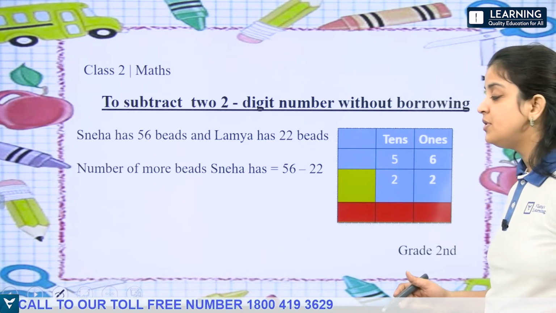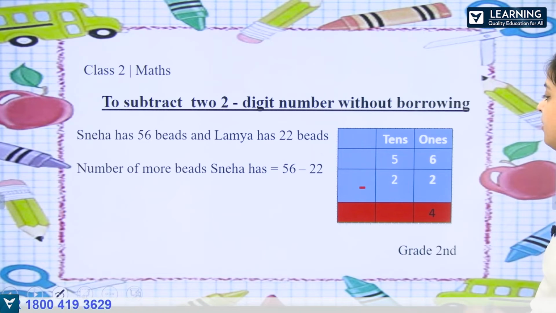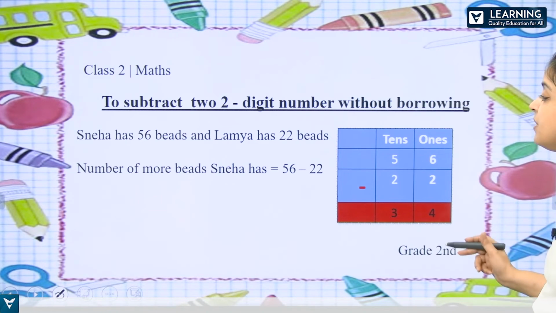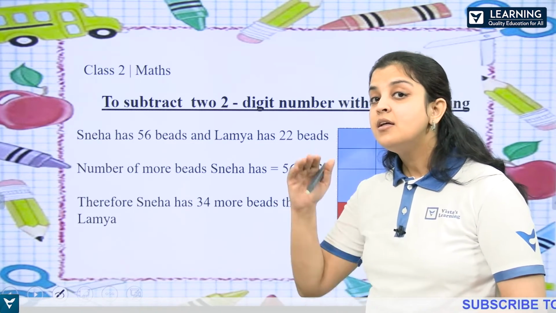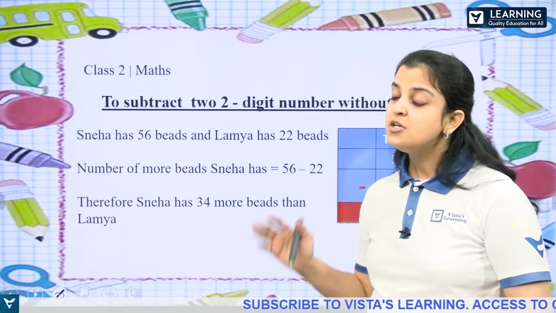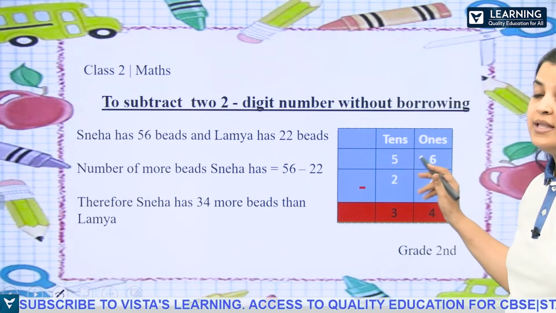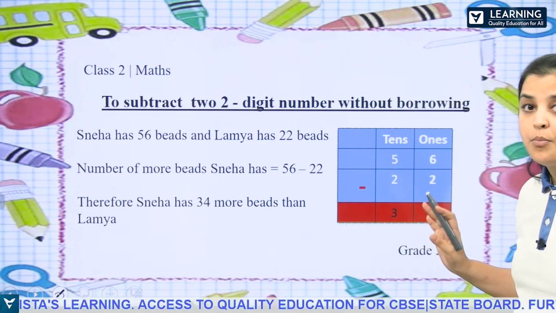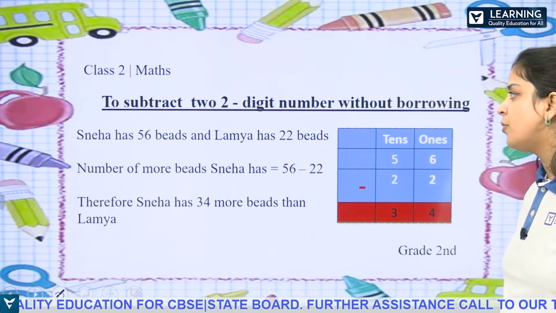And then I will do the subtraction. 6 minus 2 will give me 4, 5 minus 2 will give me 3. So, therefore, Sneha has 34 more beads than Lamia. So, we have done subtraction without borrowing. That means here there is no need to take a borrow. So, where we need to take a borrow, we will understand now.